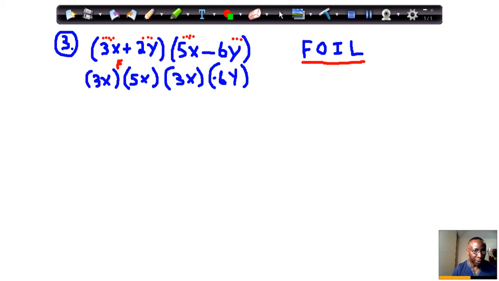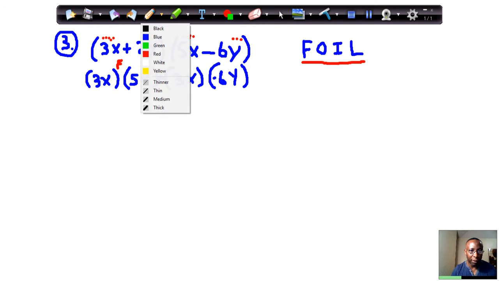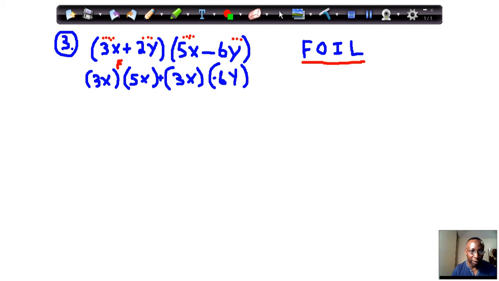I'm sorry, I was supposed to put that plus here. See, that's my first, that's my outer, and let's put that there. You don't have to put the F's in there, but I'm just putting them so you can see it. First, outer.